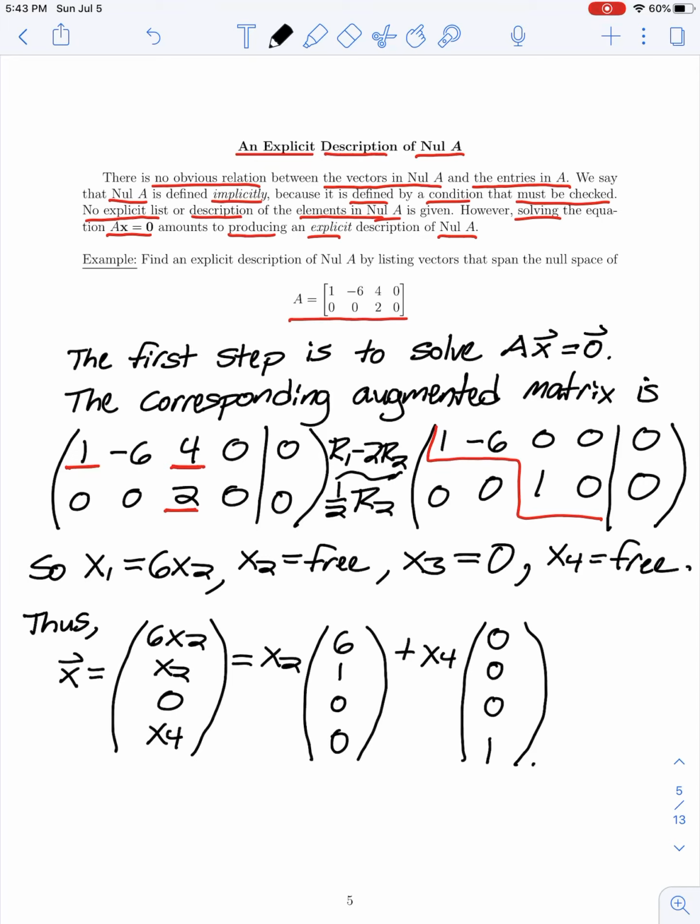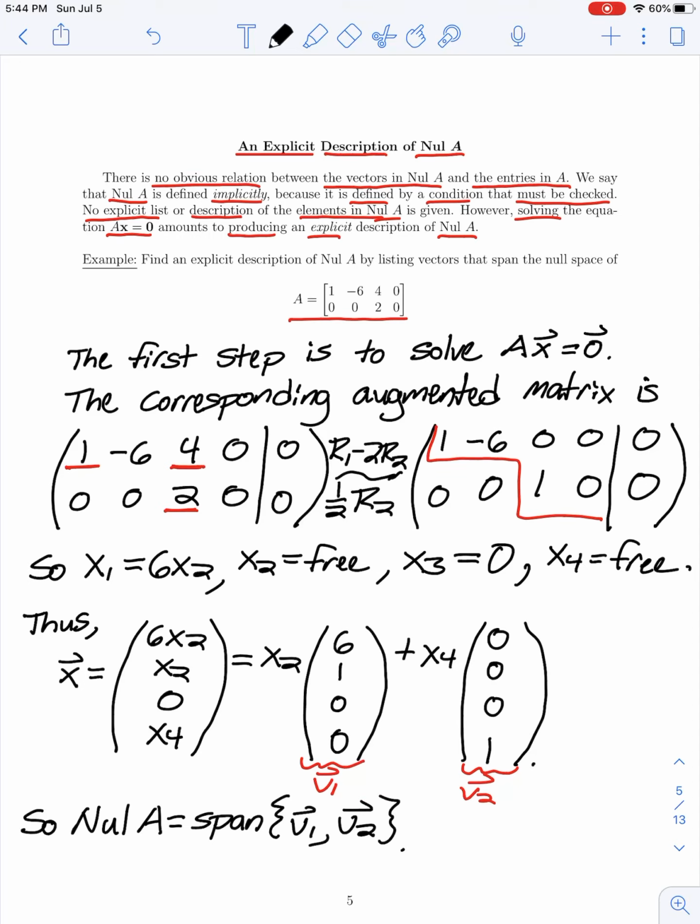If we give these two vectors names, v1 and v2, the solution set for our homogeneous linear system, which is the null space of this matrix, is spanned by v1 and v2. So the null space of A can be characterized explicitly as the span of these vectors v1 and v2.